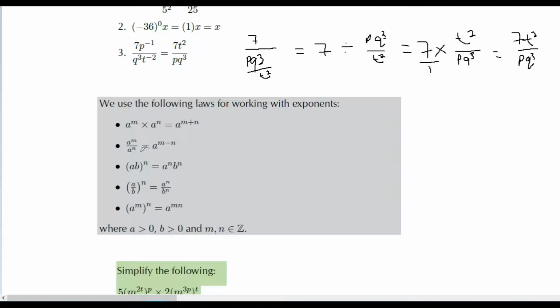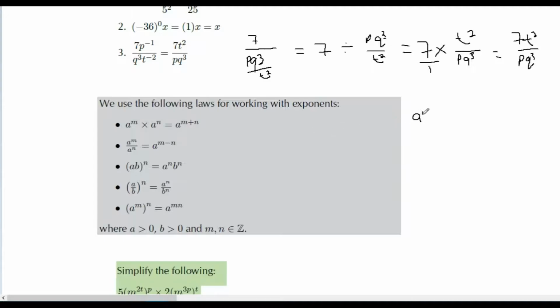The same thing applies when we divide, but we subtract our exponents. So you see that these two are pretty much the same thing, just multiply and divide, add and subtract.